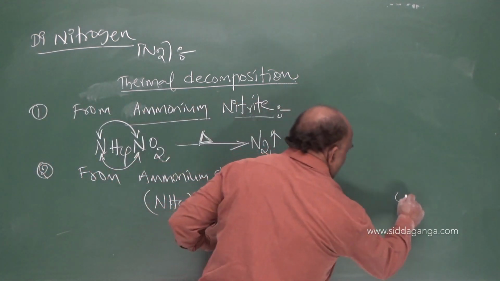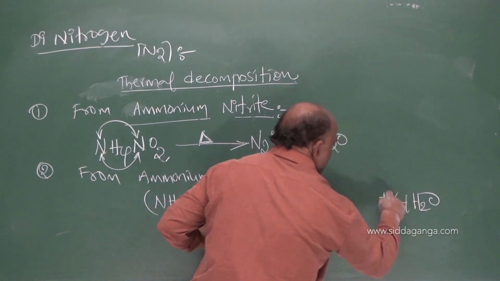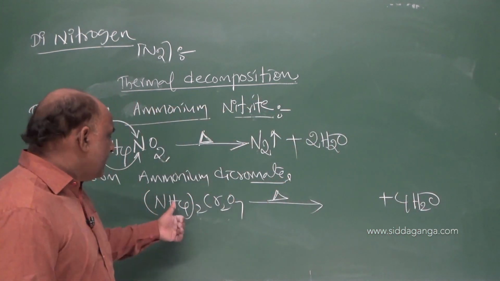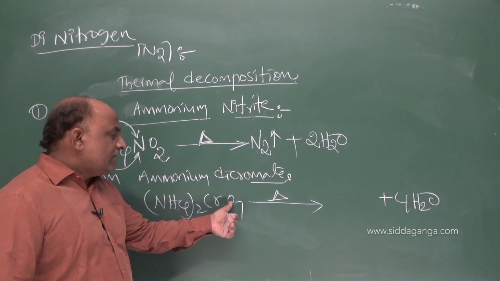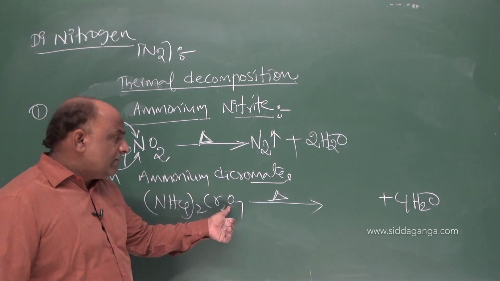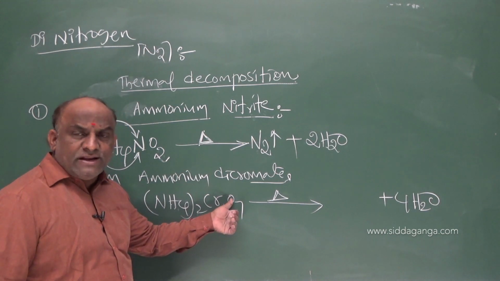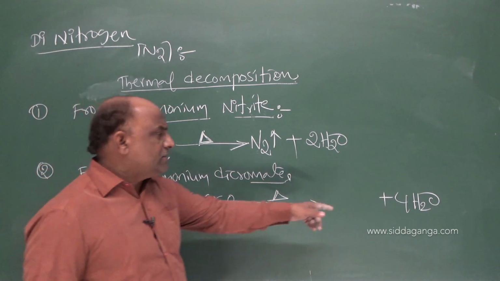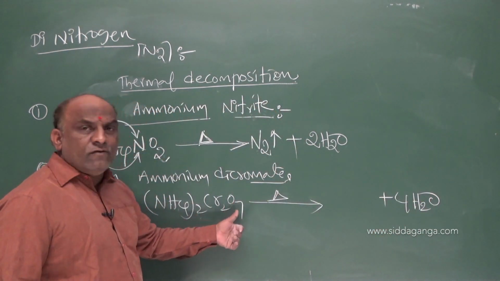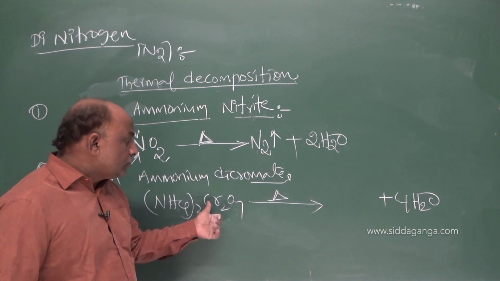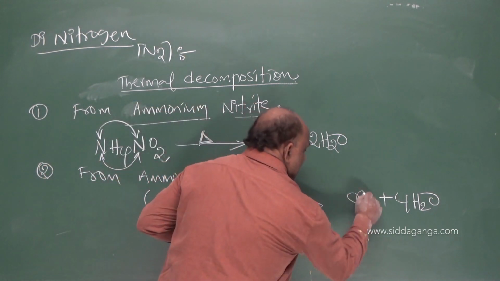So first you eliminate 4 water molecules. 8 hydrogens and 4 oxygens will be eliminated. Of the 7 oxygen atoms, 7 minus 4 leaves 3 oxygens with 2 chromiums, that is Cr2O3.